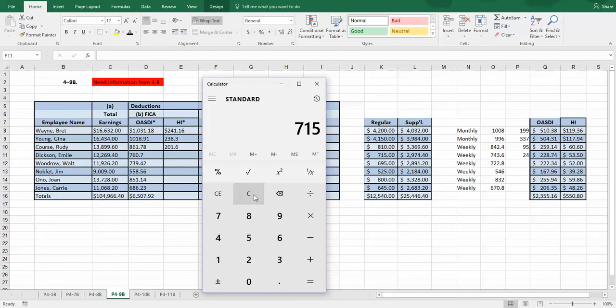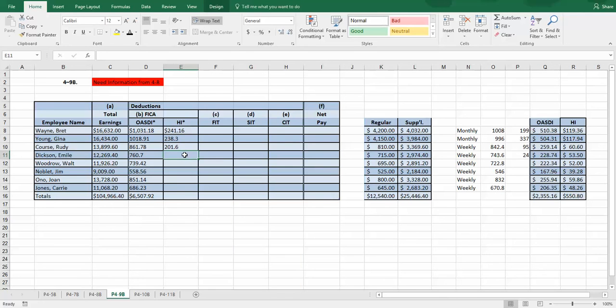Again, 715 times 1.45%. Again, we're going to have to round. So it's going to be $10.37 times 12 plus $53.50. So that's $177.94. I'm going to do one more.